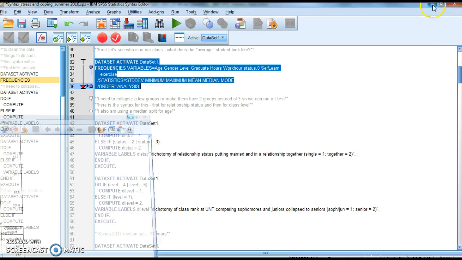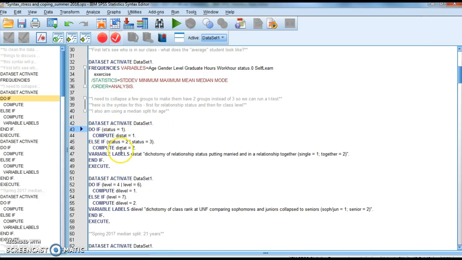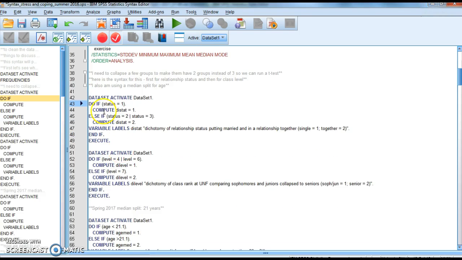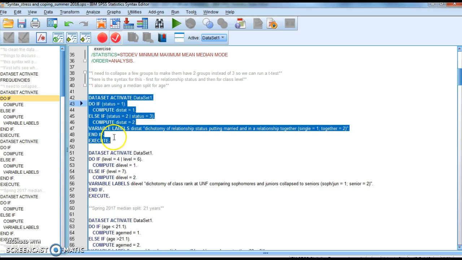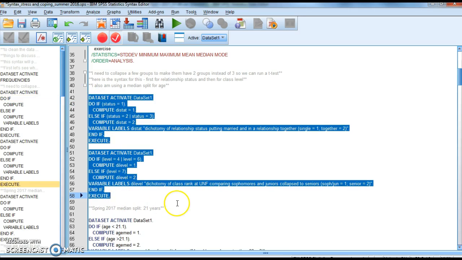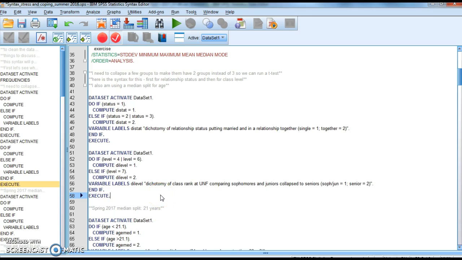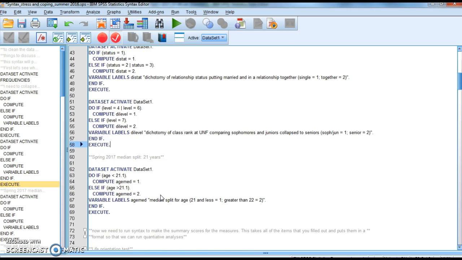So now let me explain some things that I had to do. One thing I had to do, with this syntax, is called dichotomizing variables. What that means is you have a continuous variable that ranges, so for example, age ranged all the way from 18 years to 53 years, and we want to cut it in a split.